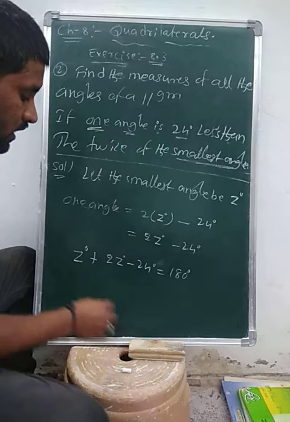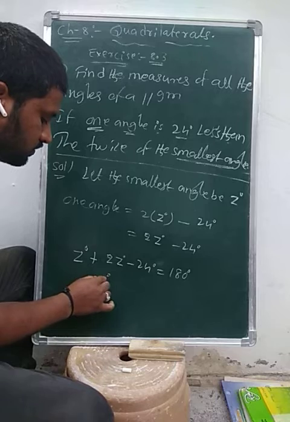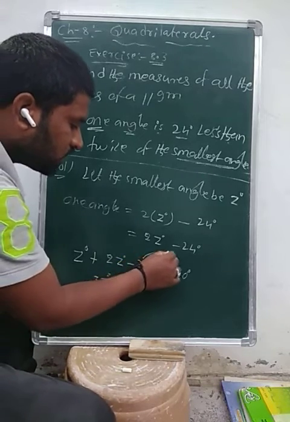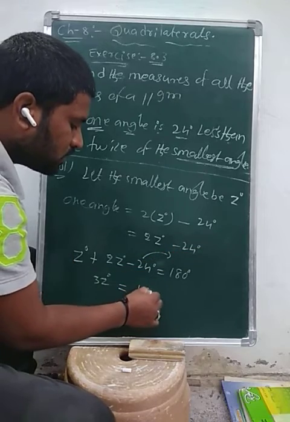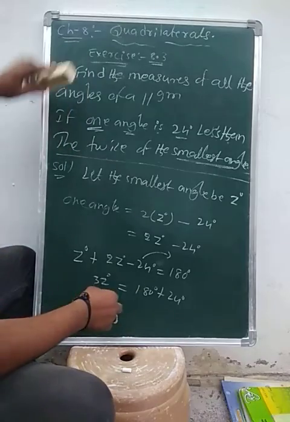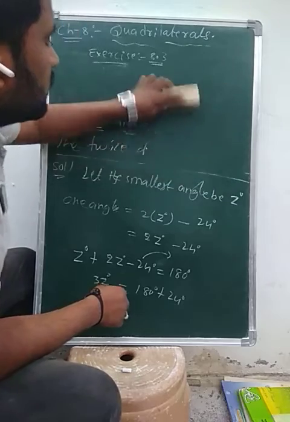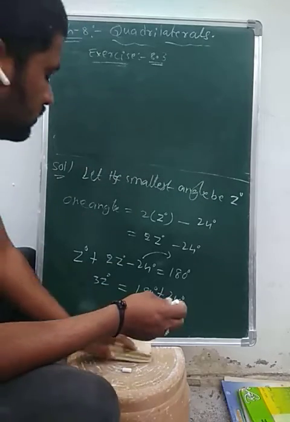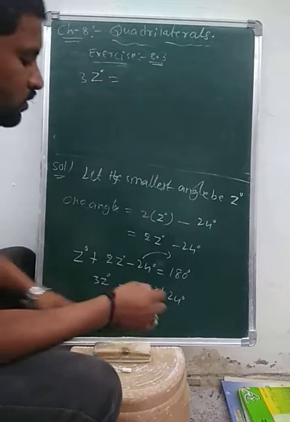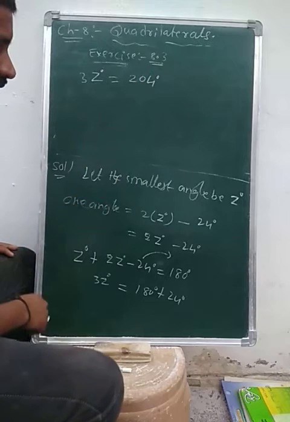Now z plus 2z, that is 3z degrees. 3z degrees equals, minus 24 transposing to the RHS becomes plus 24, 180 plus 24 degrees. 3z degrees equals 180 plus 24, that is 204 degrees.